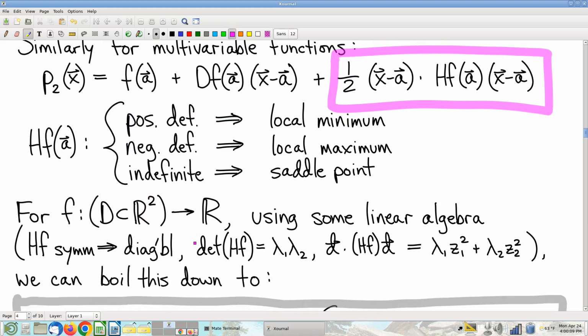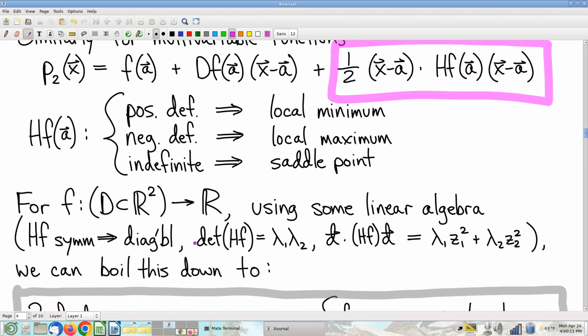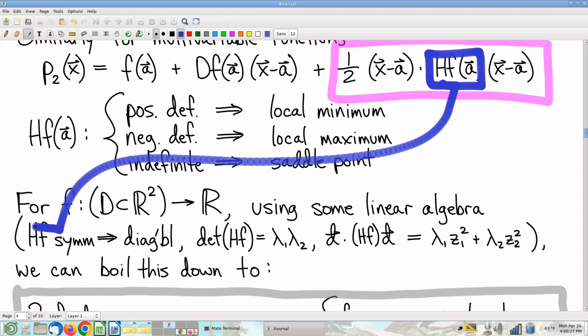Okay. So y'all may recall there were some rules about quadratic forms and how to know when they're positive definite, negative definite, etc. from Math 218. But here's the thing. We know more than just that this is a quadratic form. This is also specifically a quadratic form where the matrix defining the quadratic form is symmetric, because mixed partials are equal, assuming the appropriate regularity.